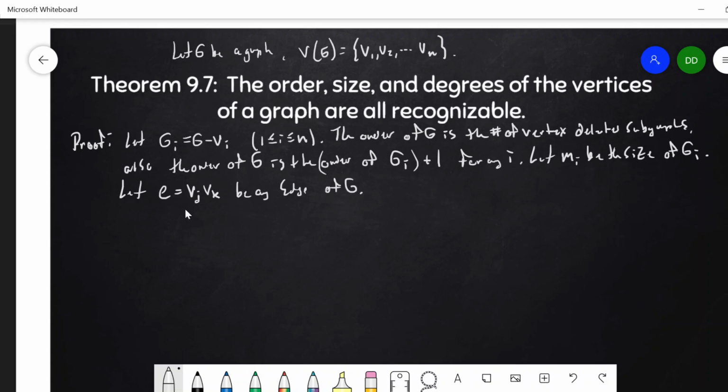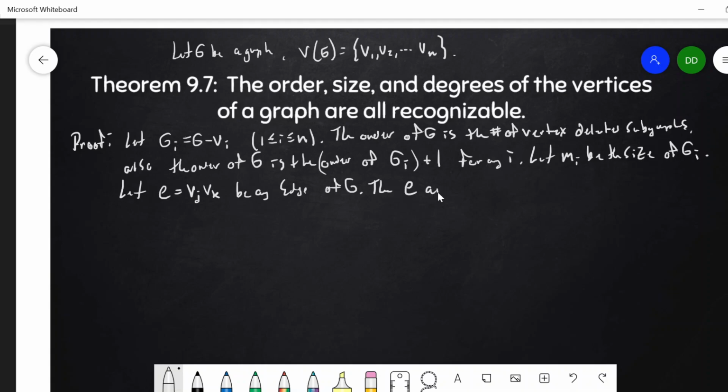Then think about which vertex deleted subgraphs e must be present in. It's not going to be in G sub j because I'll have deleted v sub j. It's not going to be in G sub k because I'll have deleted v sub k, but it will be in every other vertex deleted subgraph.